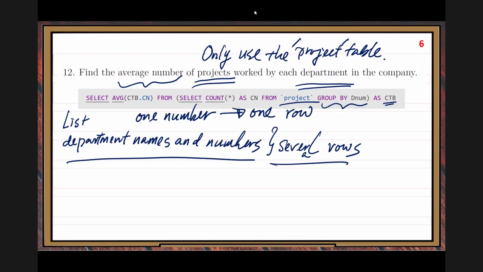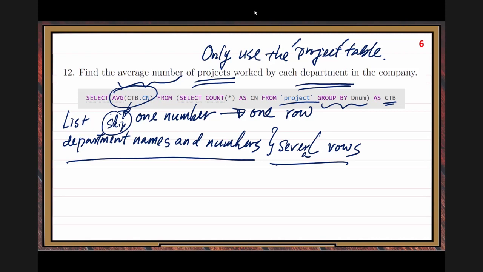Then you apply the aggregate average function on that table and on the specific field. Here, this table alias, you can omit. If you skip it, it's okay. You do not have to put it there, because here we only have one table, so the DBMS won't get confused.